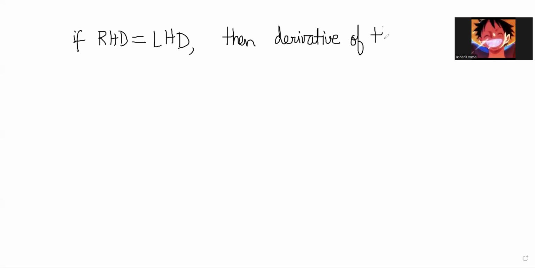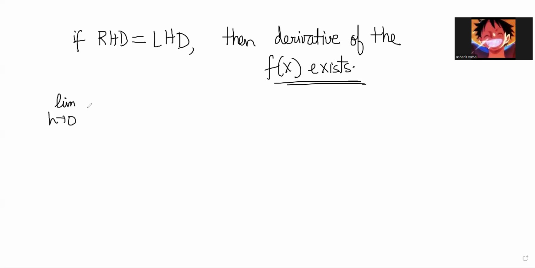The derivative of the function exists, and we can find an instantaneous rate of change at that point, only if the slopes from both sides match. Do you understand?